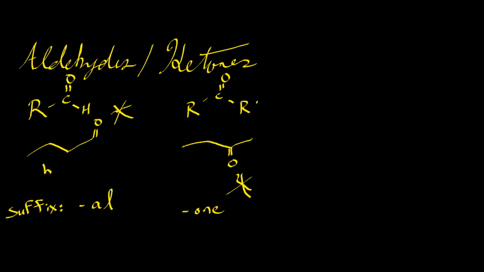So this here would be butanal, and this would be butanone. Okay? So you can see that it's still very similar to the organic chemistry we've dealt with so far. 4 carbons, no double bonds, AL. 4 carbons, no double bonds, ONE.